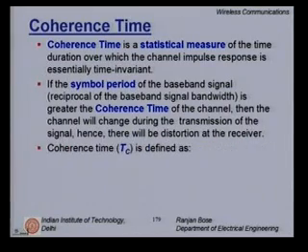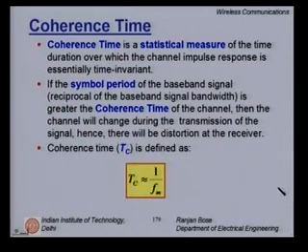The coherence time T subscript C is defined as 1 over Fm, where Fm is the maximum Doppler shift. We learnt that the Doppler shift depends on the velocity of the mobile, the lambda or the wavelength of the frequency that we are using, and also the relative angle at which the signal impinges on the mobile.